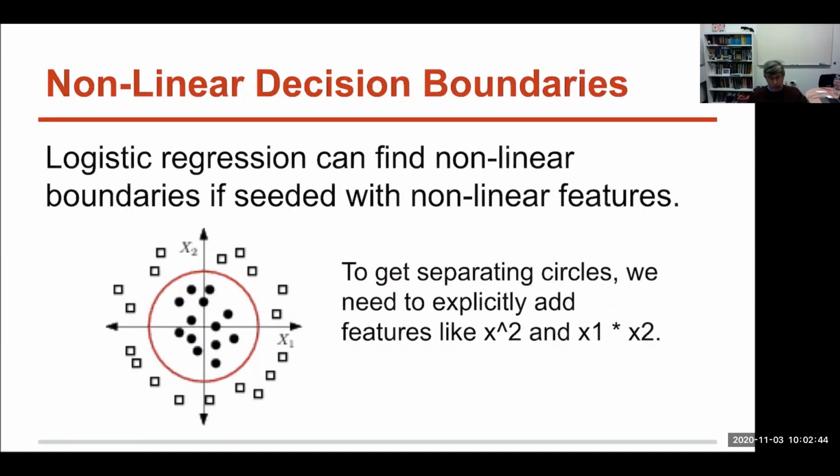If we look at a set of points here, with an x and a y, the dots are all near the origin, and the squares are on the outskirts of it. It should be clear that the right separator we want here is actually a circle.